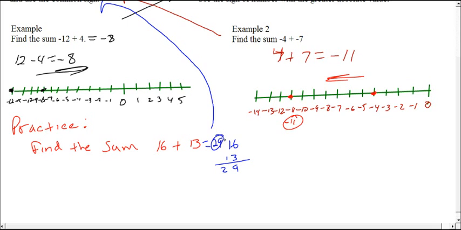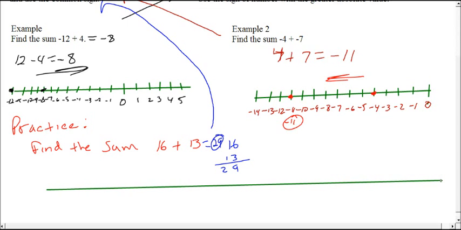Okay, so because that equals 29, now we can go and check using the number line to make sure we are correct. So let's go ahead and construct a number line. And what I'm going to do is, since I'm using positive numbers, I'm going to just start my number line positive.